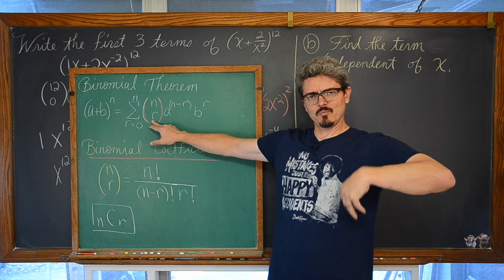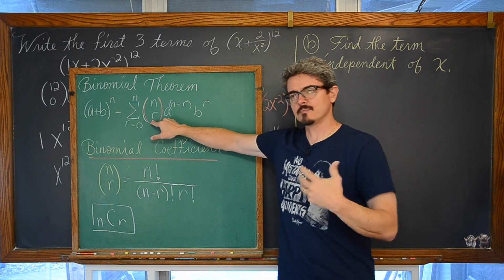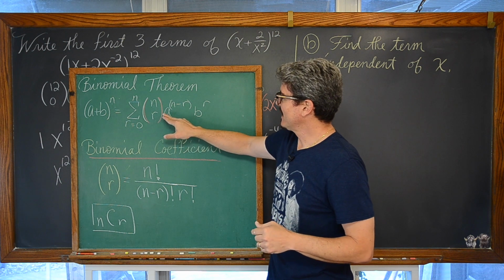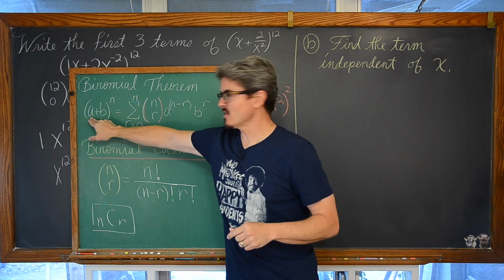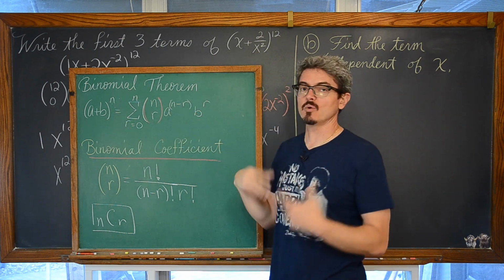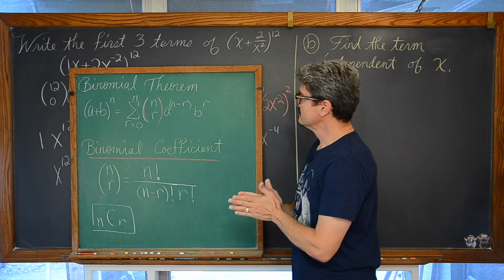This binomial coefficient is just that, a coefficient. It'll be a constant if there's no x. And then you have a raised to a power, the first term of your binomial raised to a power of n minus r, and the second term of your binomial raised to a power of r.